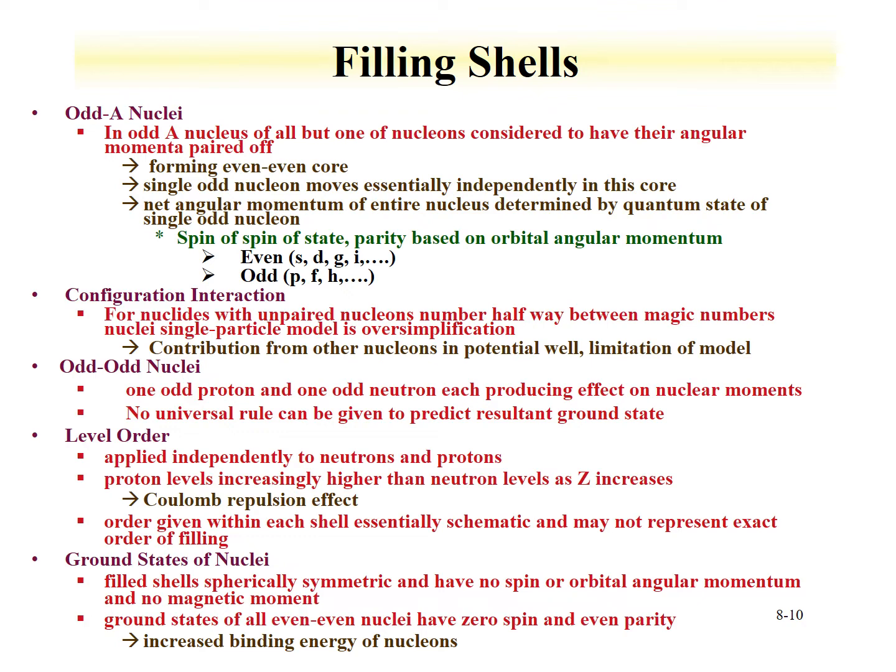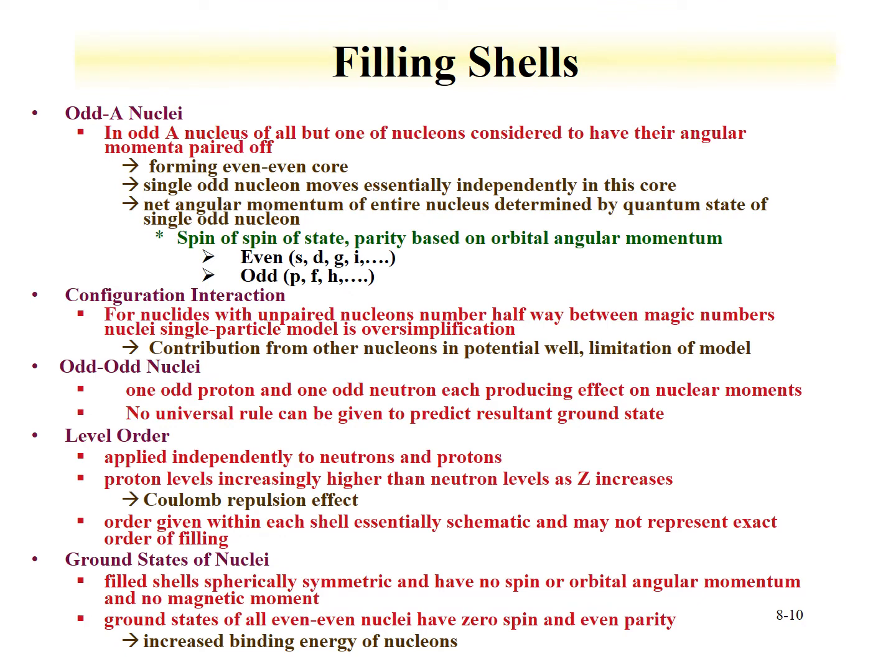So the nucleons fill the shells in the shell model from lowest to highest energy. And as we already discussed, an odd A nucleus with one unpaired nucleon will provide the property of the nucleus. It'll basically have some sort of even core with one unpaired nucleon. So whatever state that unpaired nucleon is, the spin of that state will define the spin of the nucleus.